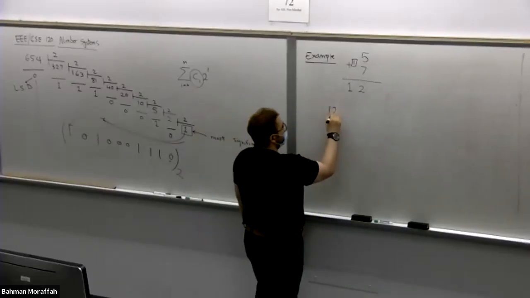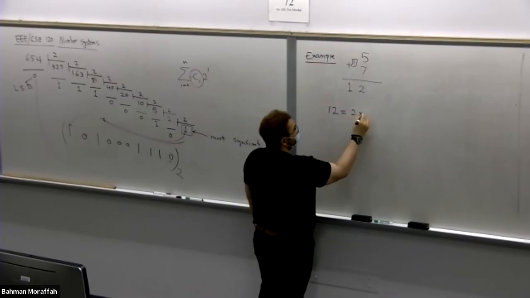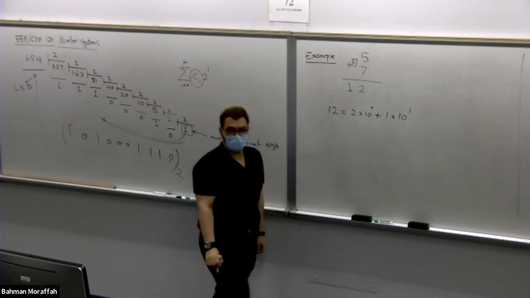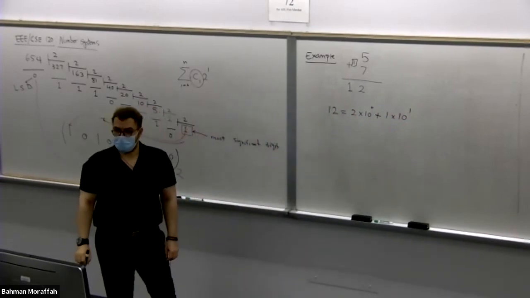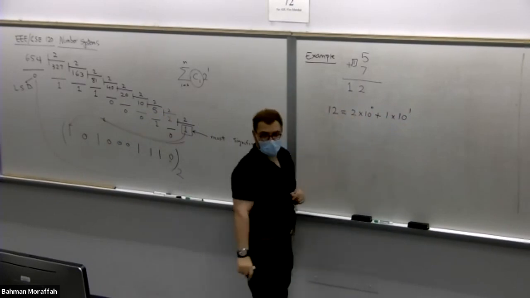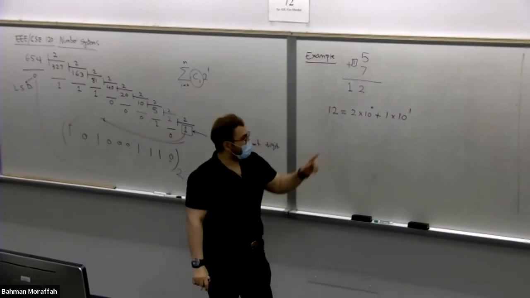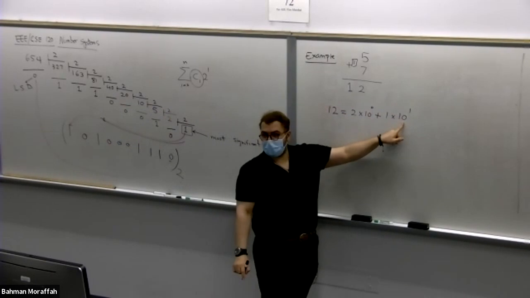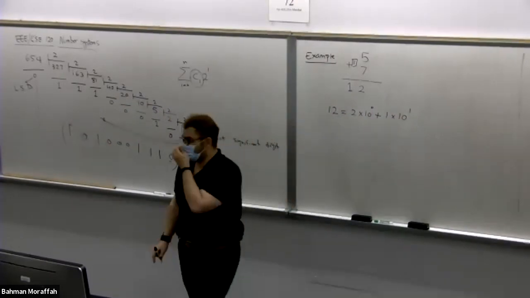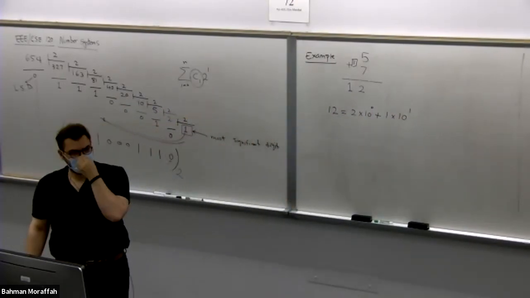Remember, 12 can be written as 2 and 1, and the 1, right? So basically, over here, if I had a 10, that 10 could be carried over here and create 10 to the power of 1. Right? This is how we basically add it.